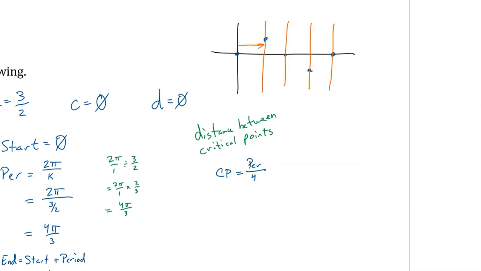So we go 1 distance, 2 distance, 3 distance, 4 distance to get to the end. So I'm dividing the entire period, 1 full cycle length, into 4 quarters, and those are going to be your 4 other points. So it's always 4, and you just memorize that it's 4. So in this case, it's 4 pi by 3 divided by 4, which works out to pi by 3.